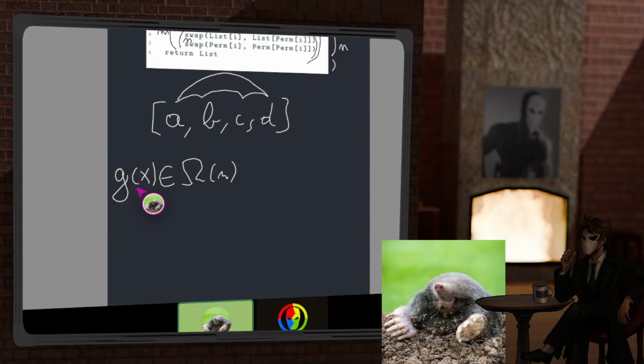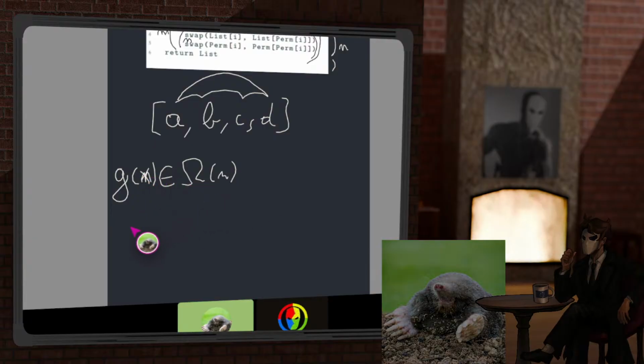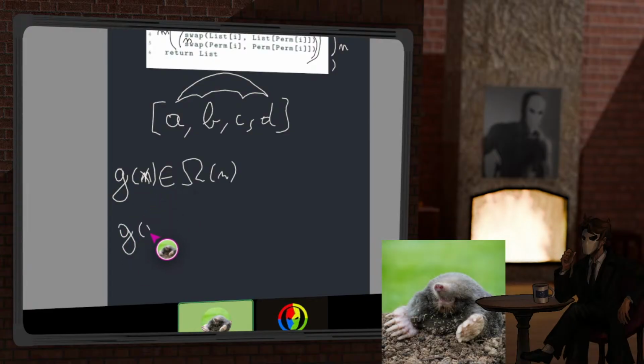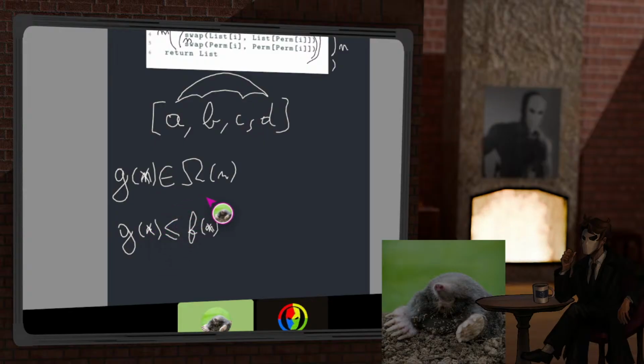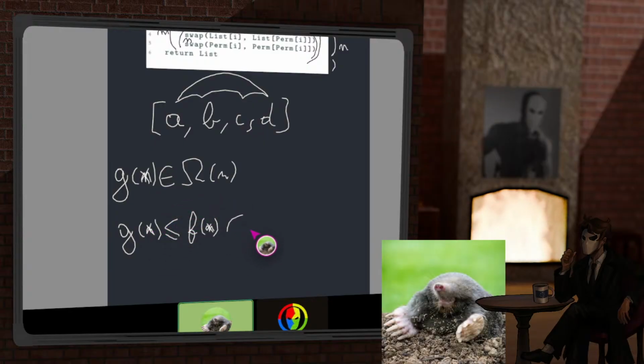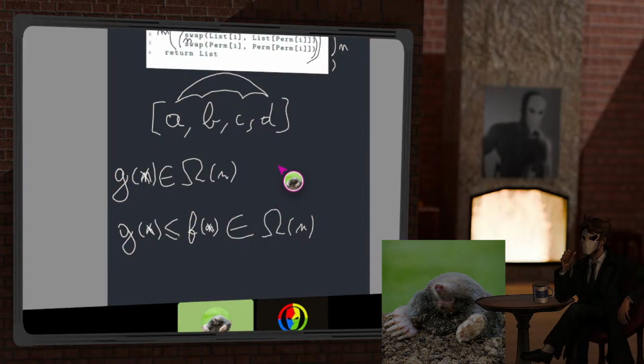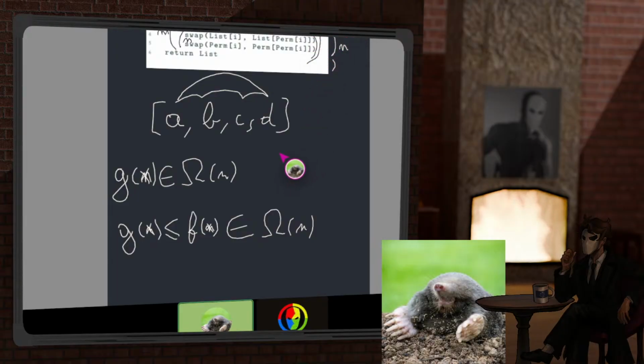Since g of x is in omega of n, this is n, not x. And since g of x is necessarily smaller or equal to f of n, we can finally conclude that f of n is indeed in omega of n. That is it for the first example.